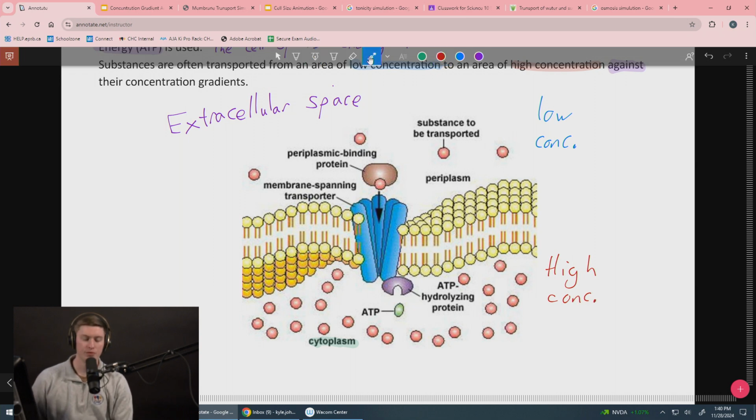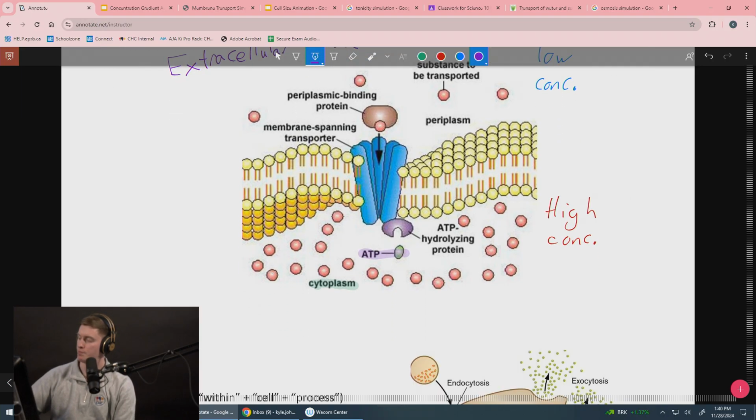We are going to be moving the particles into the cell, which means the particles are moving against their concentration gradient. Naturally, they want to move from this area of higher concentration to the area of lower concentration. In order to move them inside the cell, we have to spend ATP. This is our energy. I'm going to highlight the ATP here.